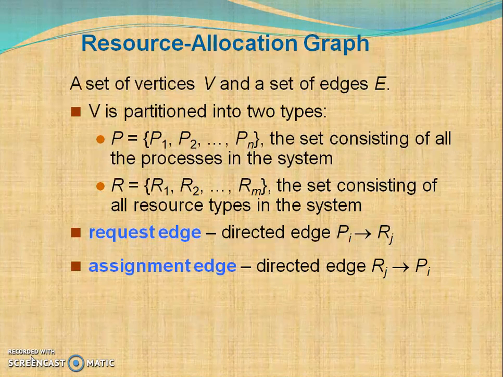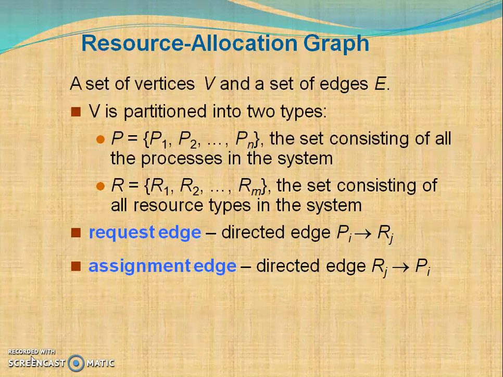Resource allocation graph. With the resource allocation graph, we can find out whether the system has a deadlock or not. The resource allocation graph has a set of vertices V and a set of edges E. V is partitioned into two types: P, which is P1, P2 till Pn, the set consisting of all the processes in the system, and R, which is R1, R2 till Rm, the set consisting of all resource types in the system.